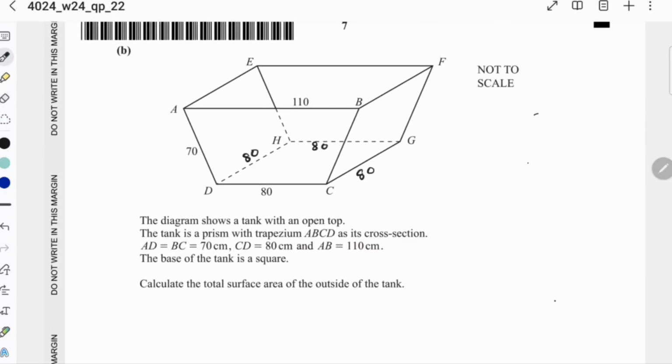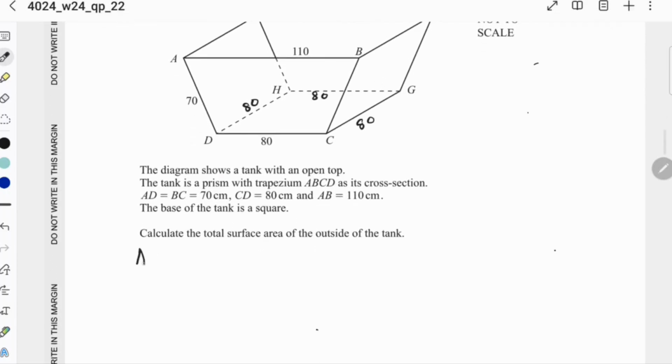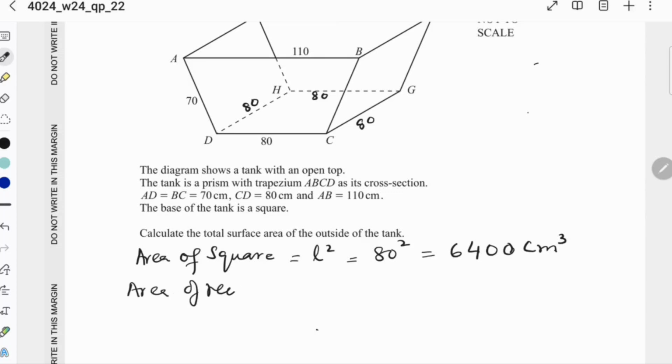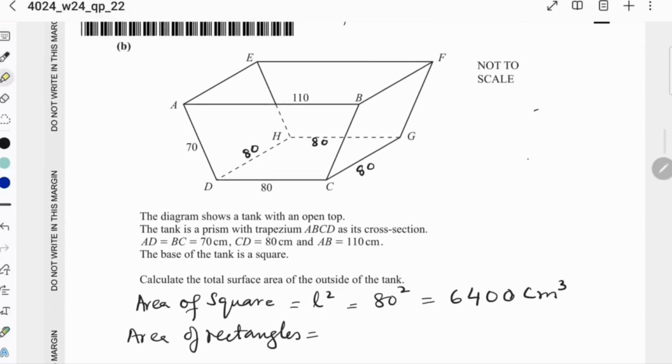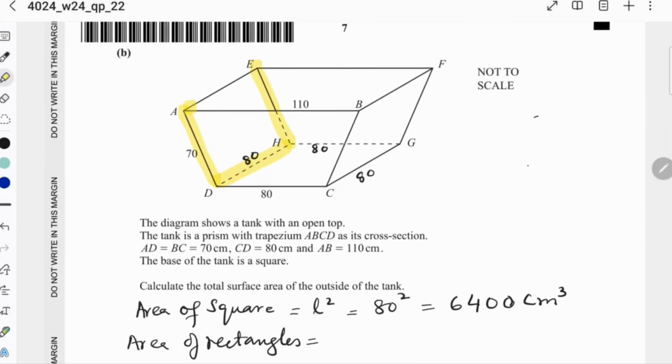So area of the square is L squared, which is 80 squared, 8 times 8 is 64, so 6400 square centimeters. Now we are going to find the area of the two rectangles. The first rectangle and the second rectangle are both the same, with sides 70 and 80, length into width, but we'll multiply by 2 to get the area of two rectangles.